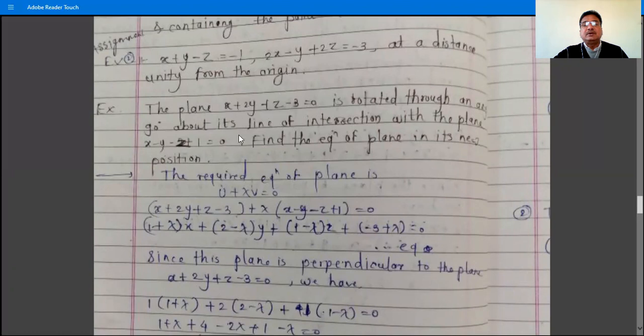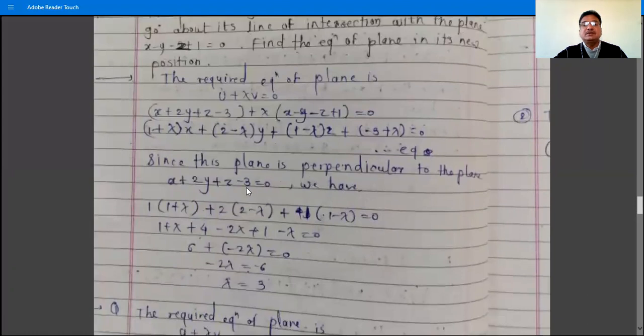So the required plane, equation star, is perpendicular to the given plane. As the two planes are perpendicular, we have the product of the coefficients of x, that is 1 into 1 plus lambda, plus the product of the coefficients of y, that is 2 into 2 minus lambda, plus the product of the coefficients of z, that is 1 into 1 minus lambda, is equal to 0.